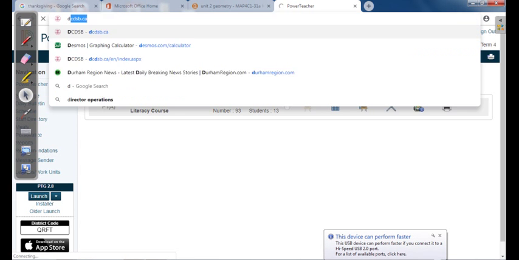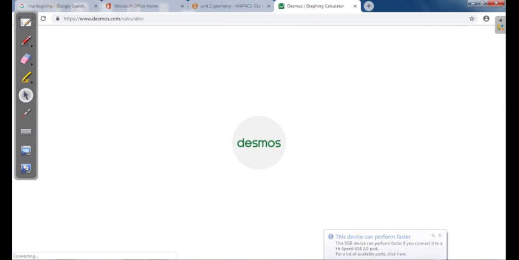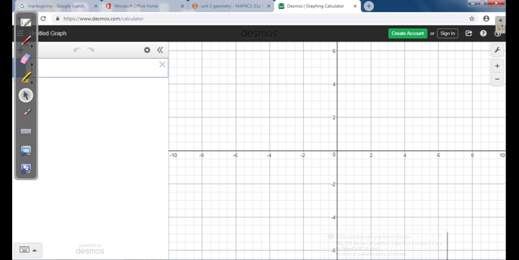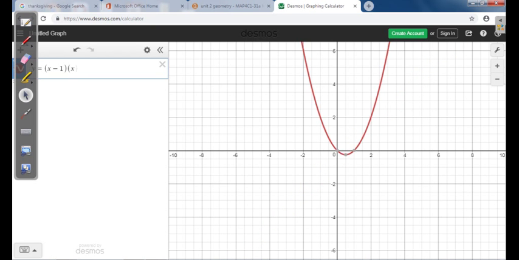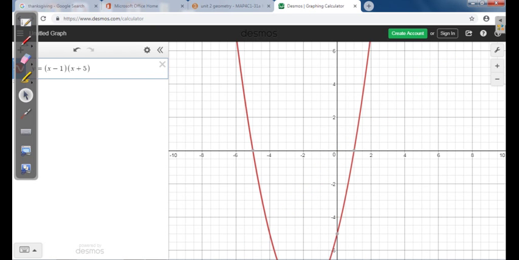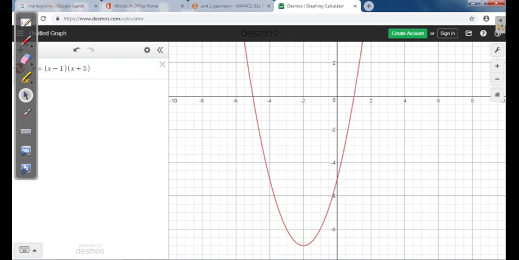I'm going to graph y equals (x minus 1)(x plus 5). What are the zeros? 1 and negative 5. We can see them right here.